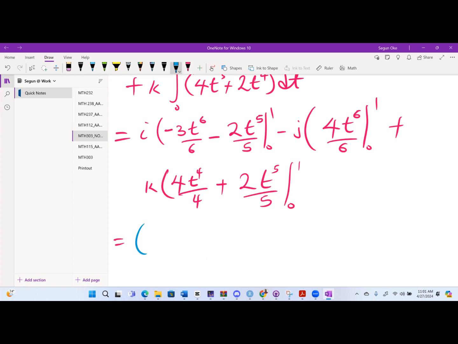If I want to do this one, and let's say I is still here, minus t raised to power 6 over 2 minus 2 over 5 t raised to power 5, 0 to 1. For I, let's solve the I now. We have it to be minus 1 over 2, right?